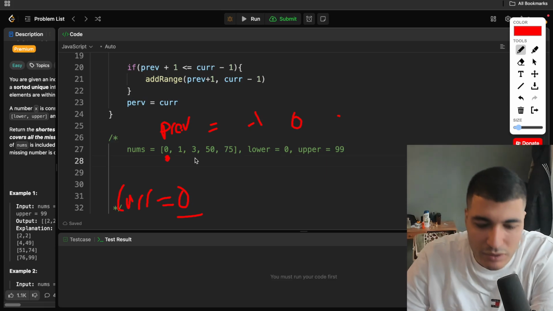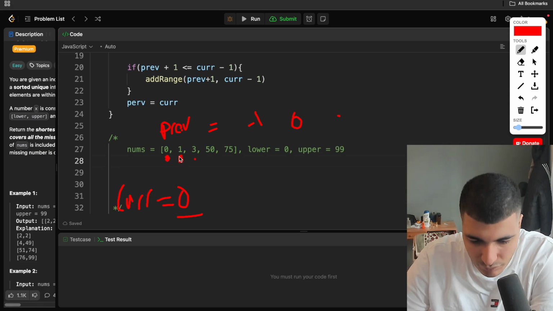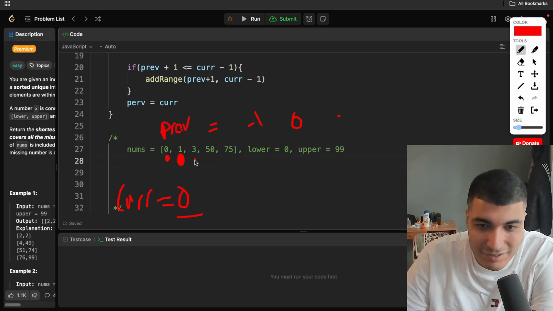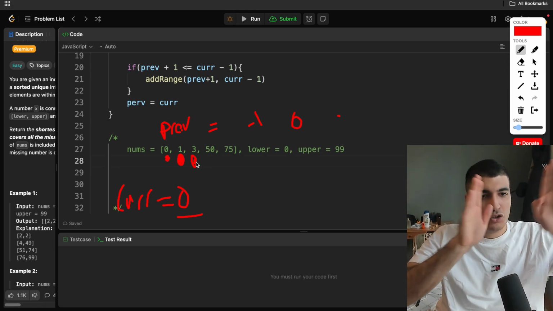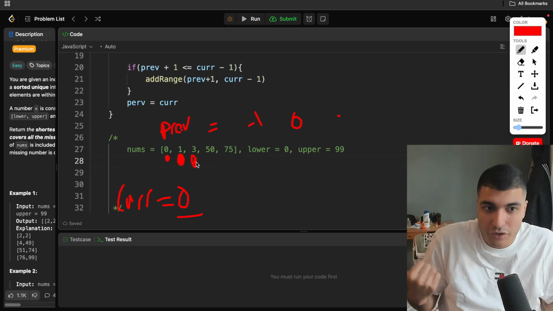Whenever previous equals 1, for the next iteration, when current is at 3 and previous at 1, we have two pointers trying to find whether we have something between each other or not.